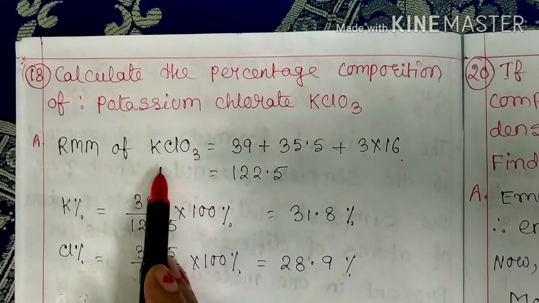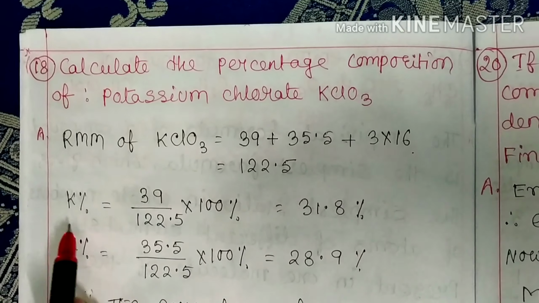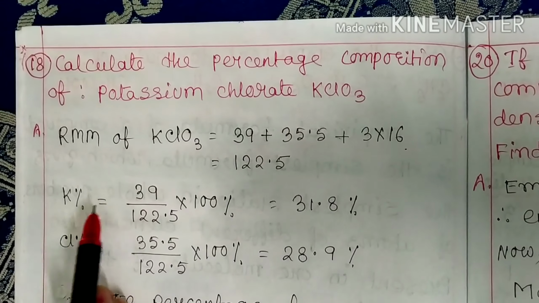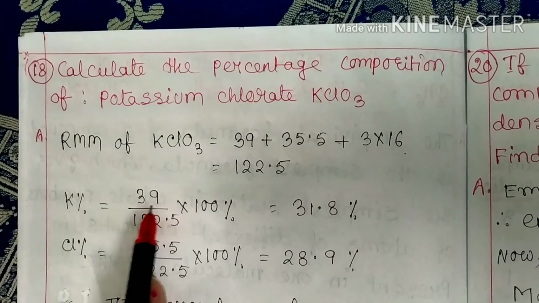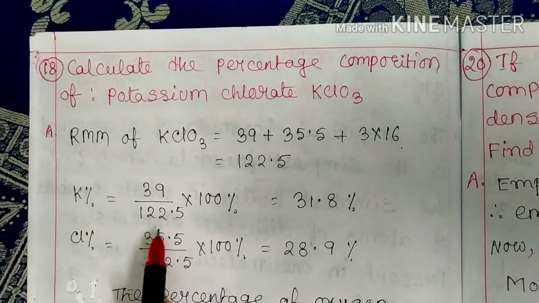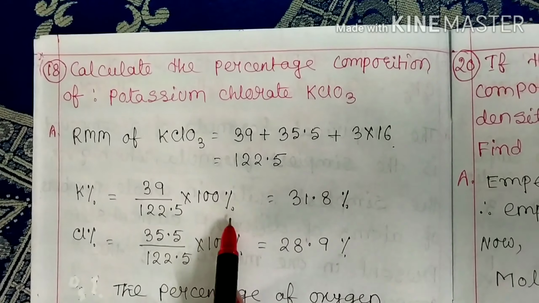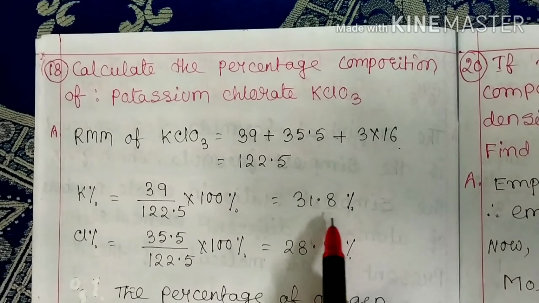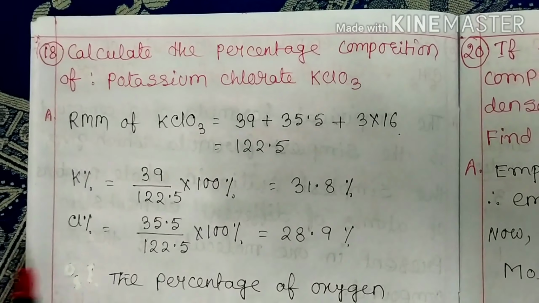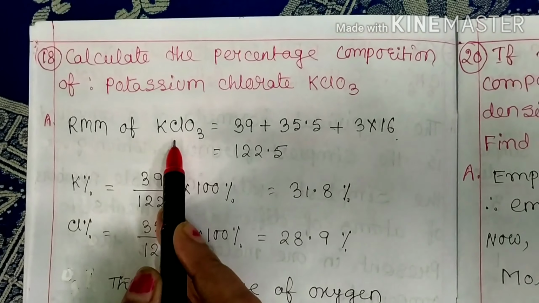Now potassium, here number of potassium atom 1 and the mass number of potassium is 39. So mass number of the element by mass number of the compound equals to 39 by 122.5 into 100% equals to 31.8%. And in case of chlorine, here number of chlorine atom 1.